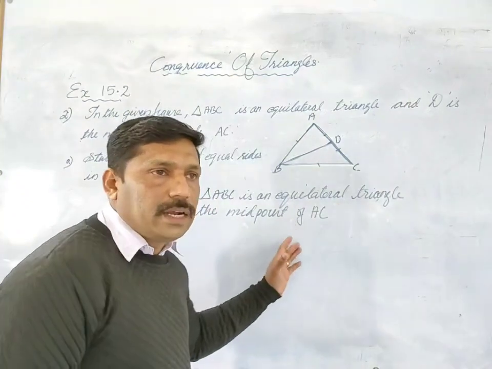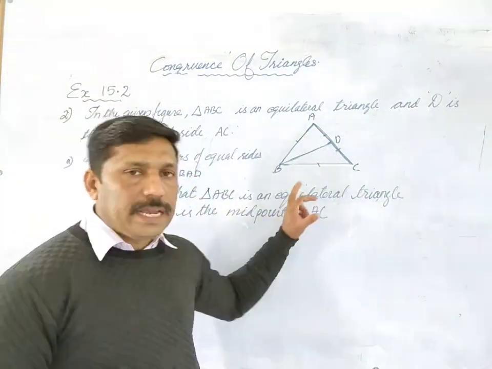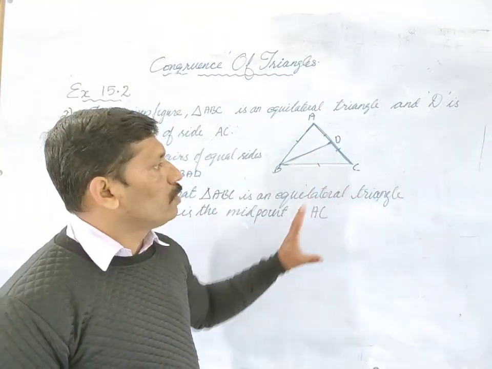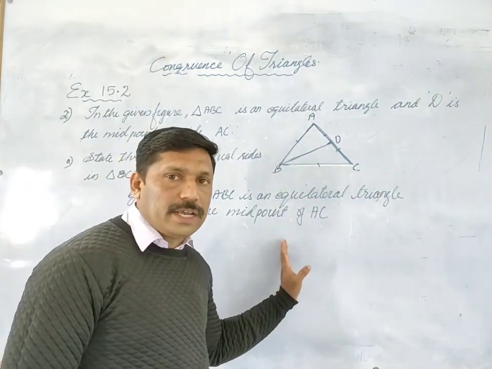So in this triangle it is given that triangle ABC is an equilateral triangle and D is the midpoint of side AC.